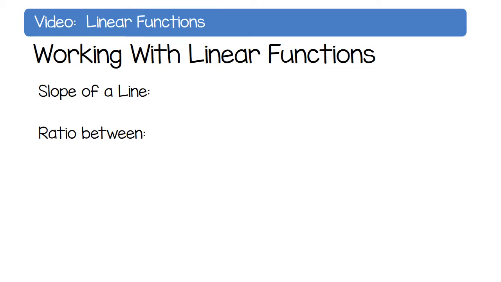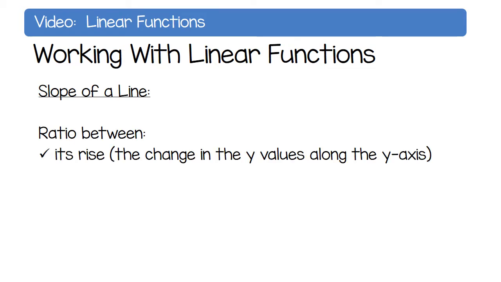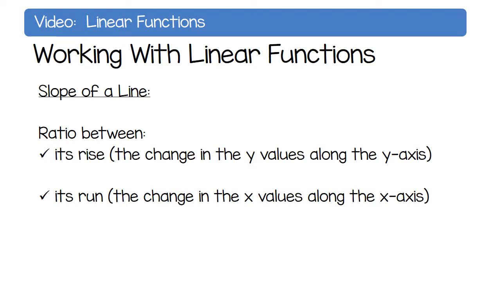The slope of a line is the ratio between its rise, the change in the y values along the y-axis going up, and its run, the change in the x values along the x-axis going across.